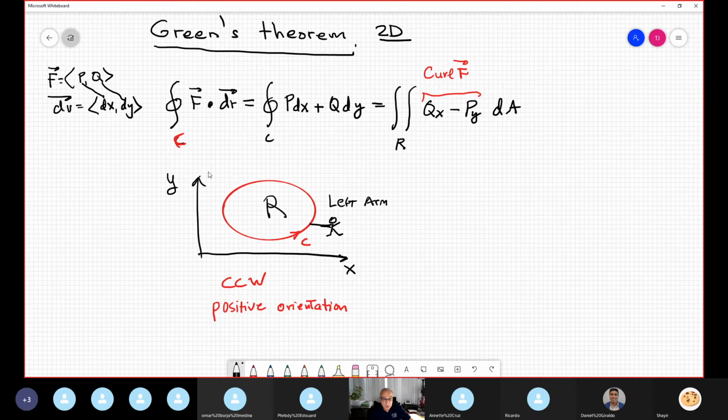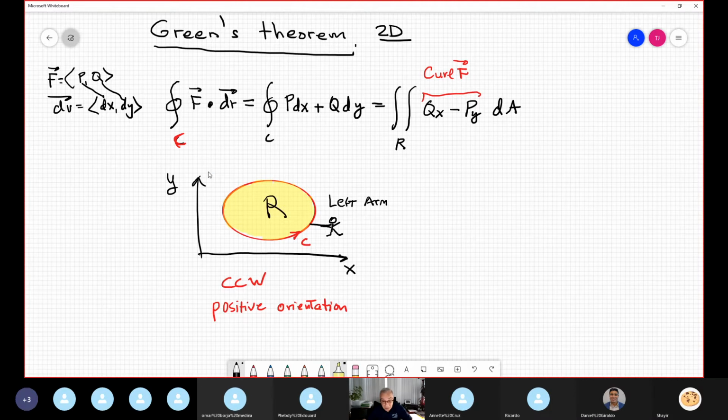Okay, this is the region, by the way. This is the region R, and the region R is the region bounded by the curve. So it is magic, guys, because you convert the line integral into one double integral.